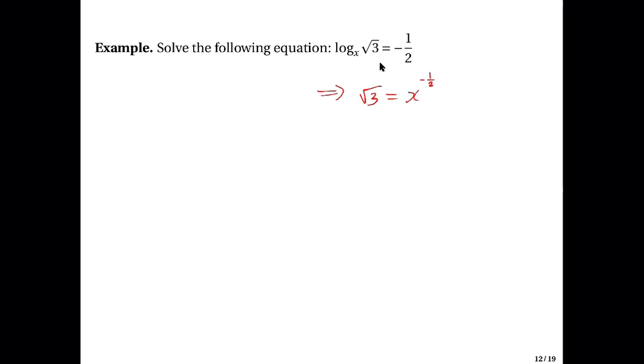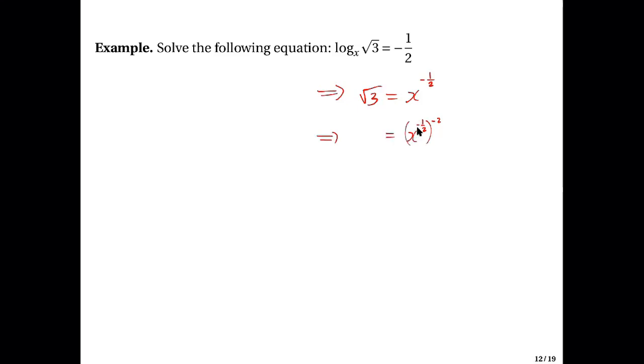Okay? So, one way of solving this, we raise this guy here to power negative 2. And therefore, this guy here will also be raised to power negative 2. So, if your x raised to negative 1/2 is raised to power negative 2, if you multiply negative 1/2 and negative 2, it will give you positive 1.